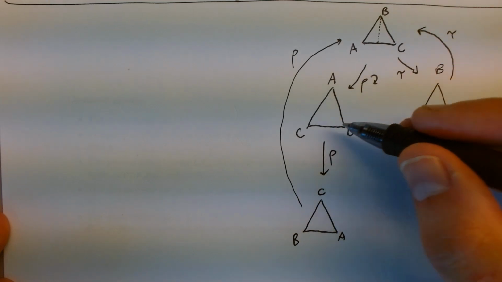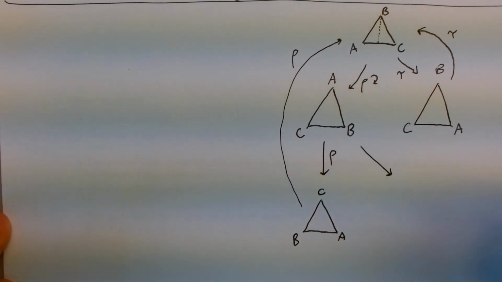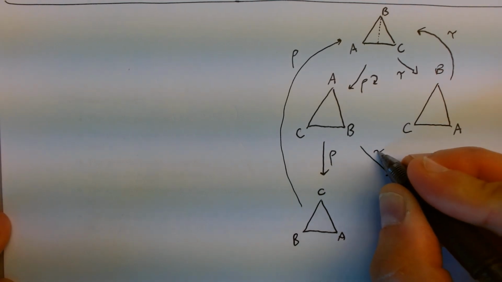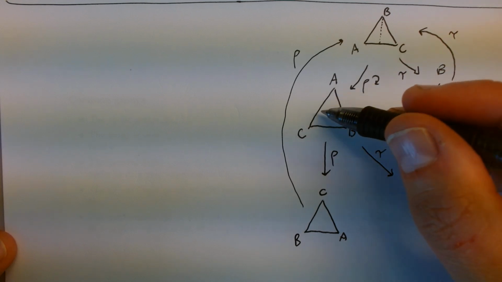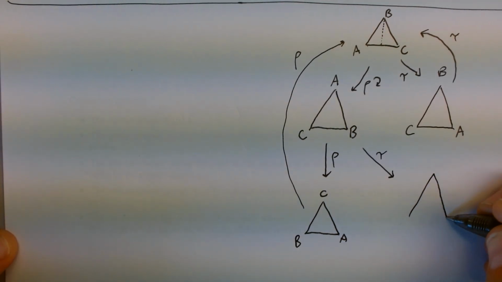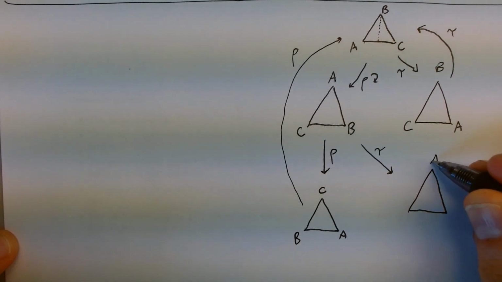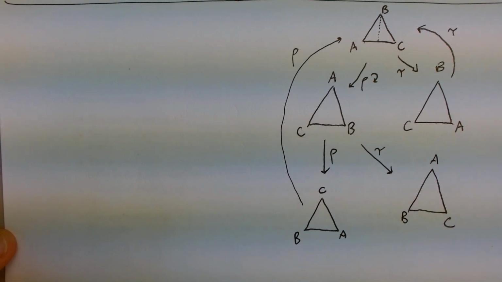So if I do rho first and then I do tau, I can think of the triangles on this side as doing tau second. So tau again is this vertical flip. So A stays in place, and C and B switch places. So I get B, C.